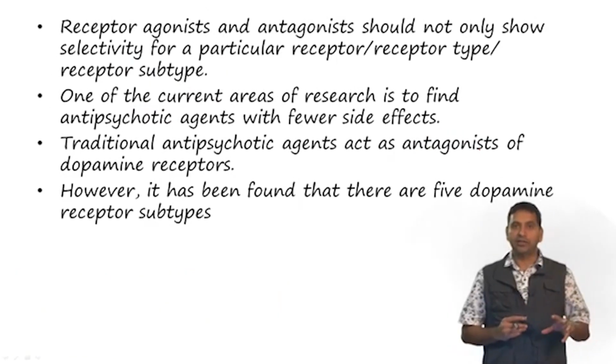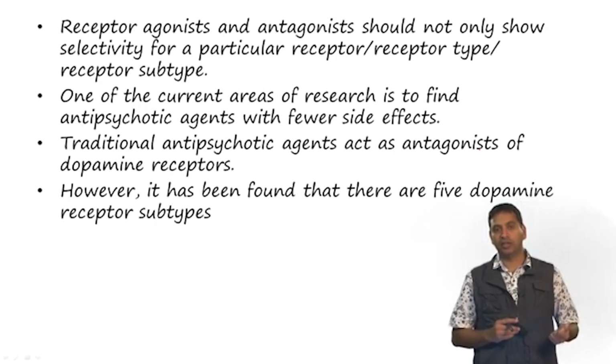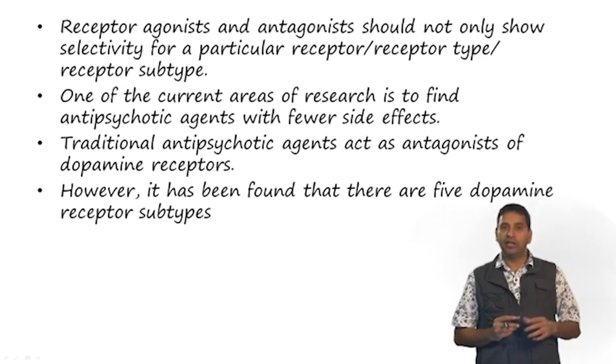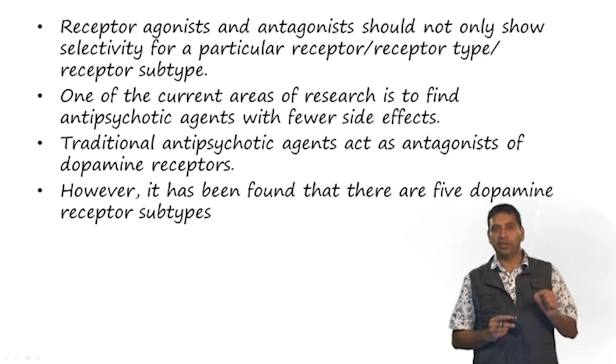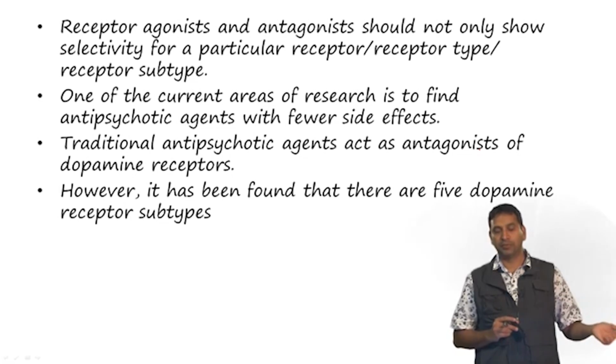Similarly, receptor agonists and antagonists should not only show selectivity for a particular receptor type, but also receptor subtype. One of the major areas of research is to find antipsychotic drugs with fewer side effects. This is because traditional antipsychotic agents act as antagonists of dopamine receptors.